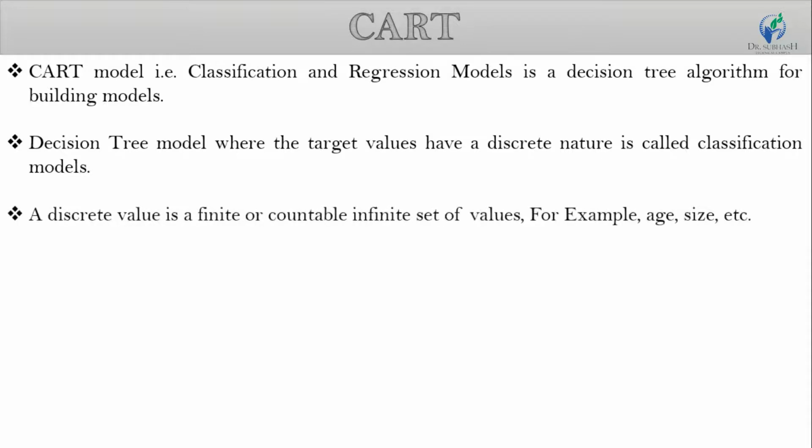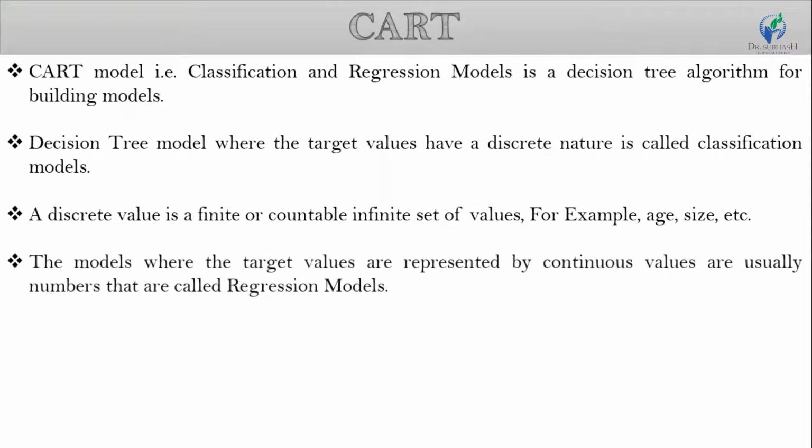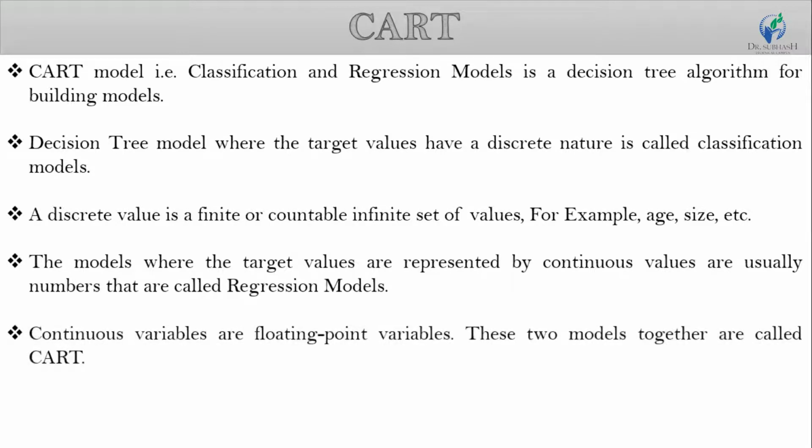A discrete value is a finite or countably infinite set of values, for example, age, size, etc. The model where the target values are represented by continuous values, usually numbers, is called a regression model. Continuous variables are floating point variables. These two models together are called CART.